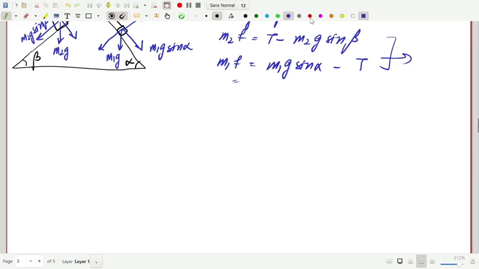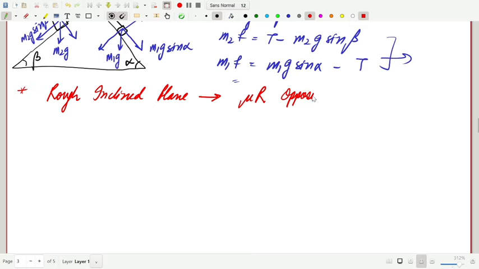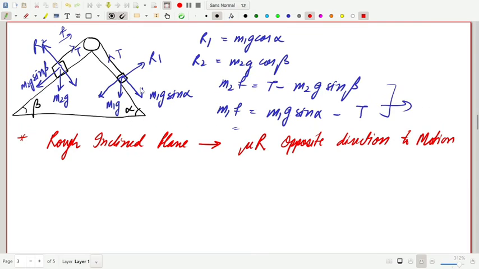If we have a rough inclined plane, then in that case we have mu R in opposite direction to the motion. That is, in above case, if motion is moving in this case here, then mu R1 would be here, and in this case, here it is mu R2.